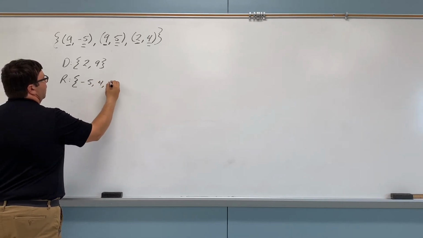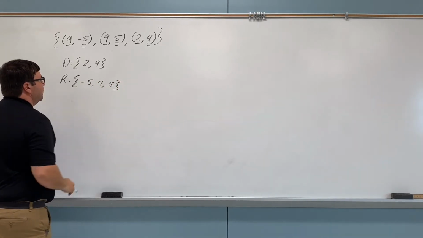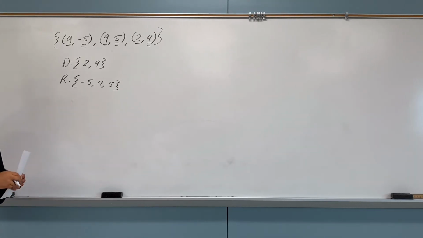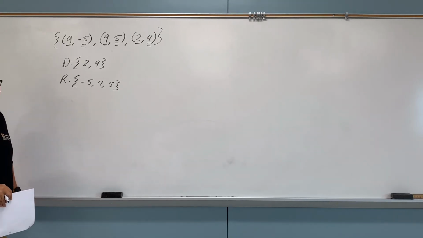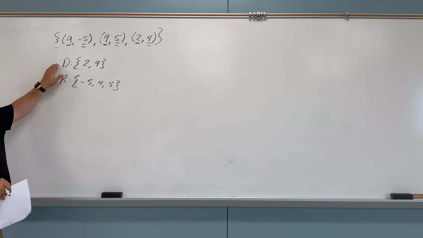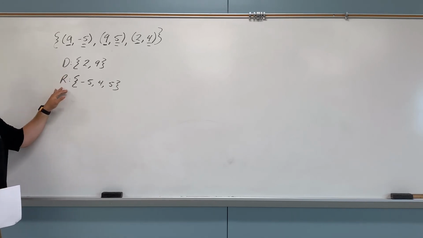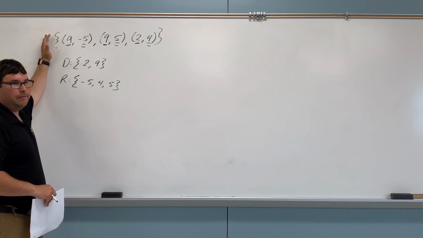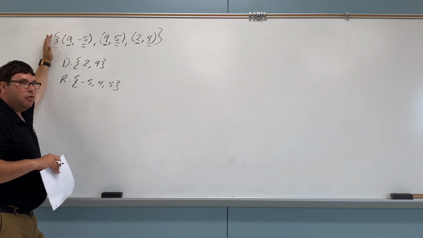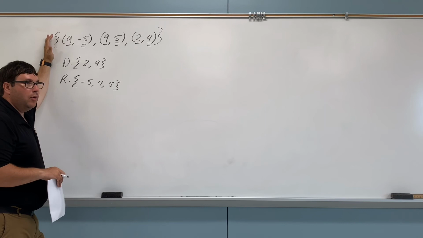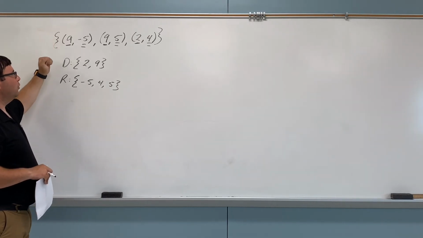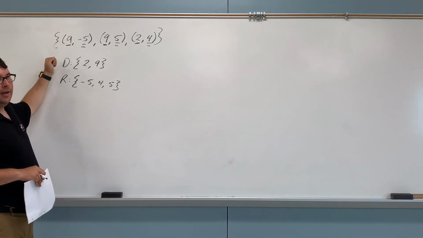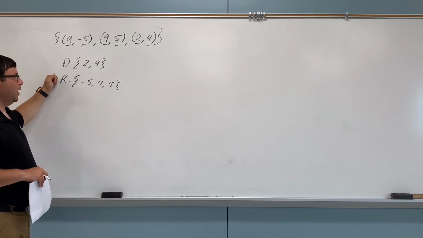4, and 5. Now you might be looking at this and saying, wait a minute, it seems like you missed a number, because my domain only has 2 numbers listed, but my range has 3 numbers listed, and my relation had 3 points. Anytime a value repeats in a relation, we do not repeat it in either the domain or the range.